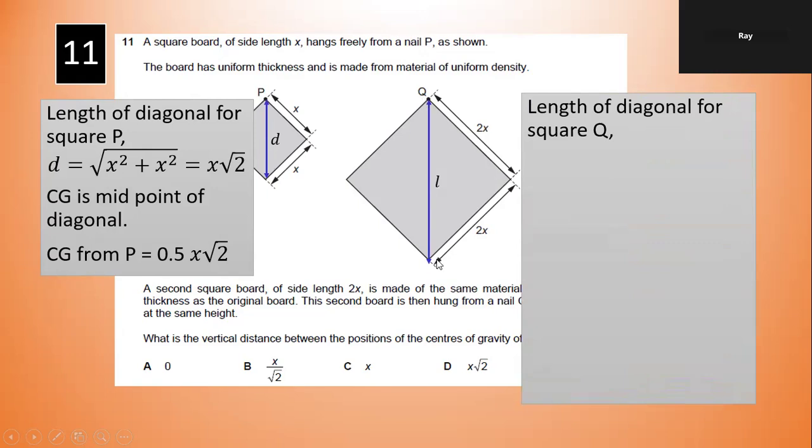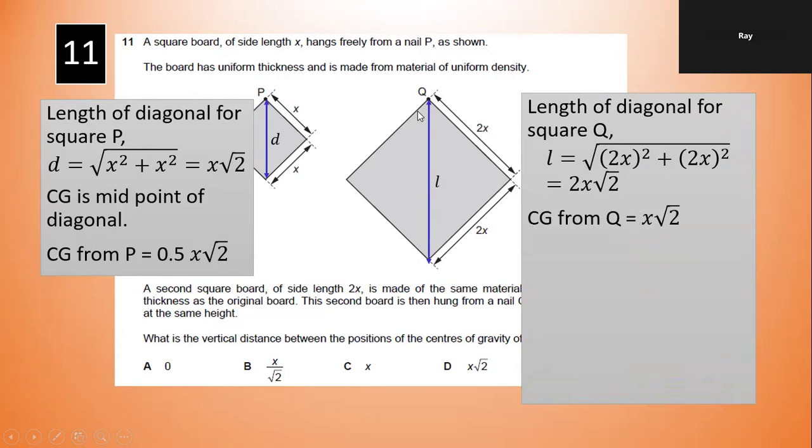You can find L in terms of the side 2x: 2x square, square root of the whole thing, plus that together, we get 2x over root 2. So CG from Q is half of this length.